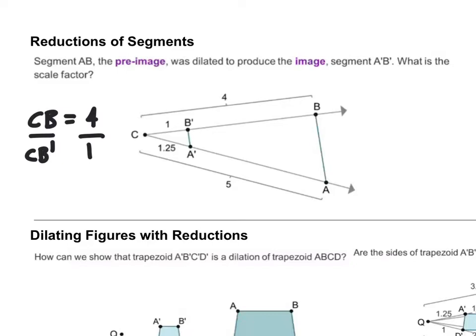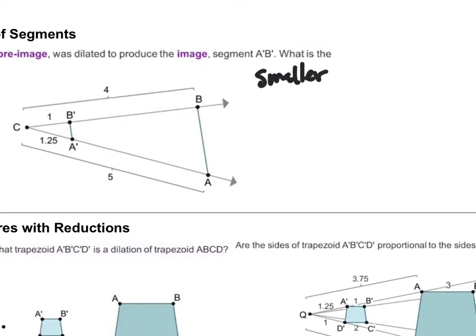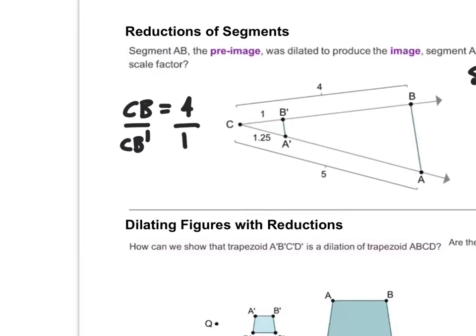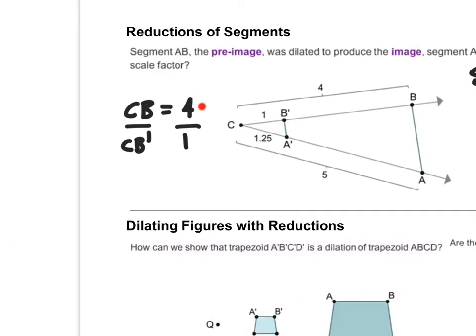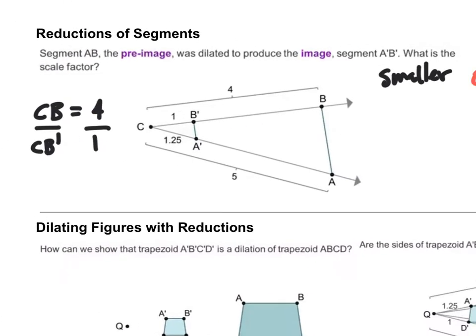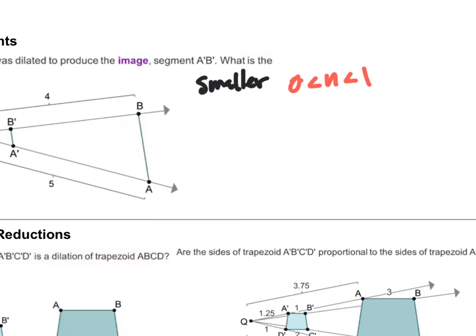Because we're getting smaller, I have to think about how to use these numbers. Because the image is smaller, my scale factor n needs to be between 0 and 1. So how could I use the numbers 4 and 1 to make a value that's smaller? My value for n would then be 1/4.